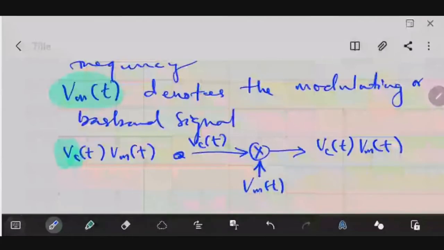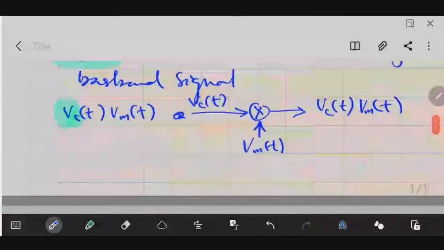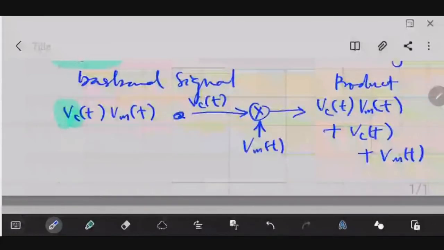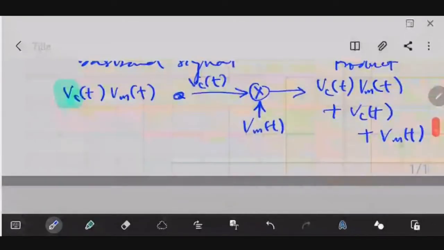Practical multipliers, such as transistor multipliers, will not only give you the product; along with the product, they will give you the input signals. So that is a problem. Normally, when you multiply two signals using a physical multiplier, you get the product and the two different input signals.